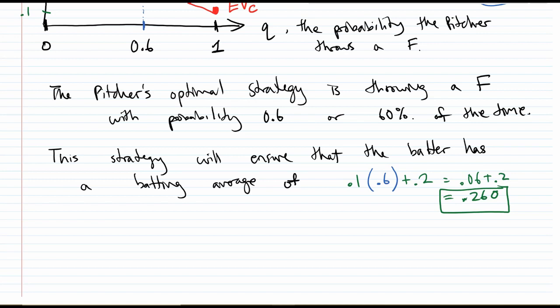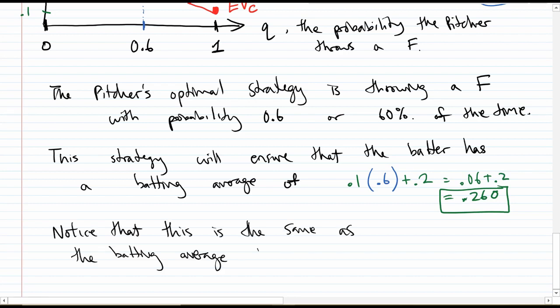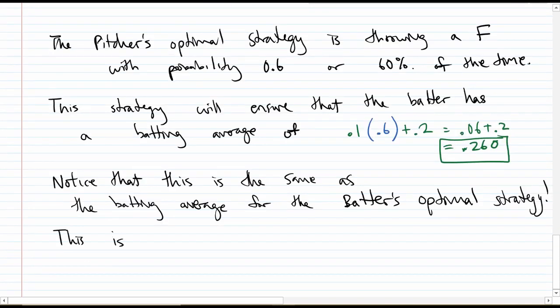And so this is why solving for optimal strategies like this is telling us the value of the game, because it's the score that both players can guarantee. So this is the value of the game.